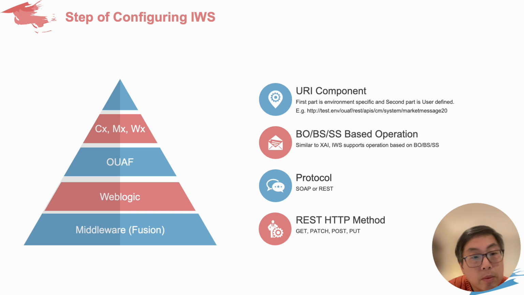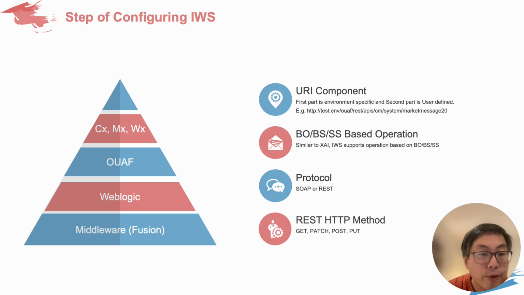So very often when we have middleware, if we're talking about an asynchronous process, we will not create a JMS queue within WebLogic. We will normally utilize the middleware, which is Fusion, to create the JMS queue.